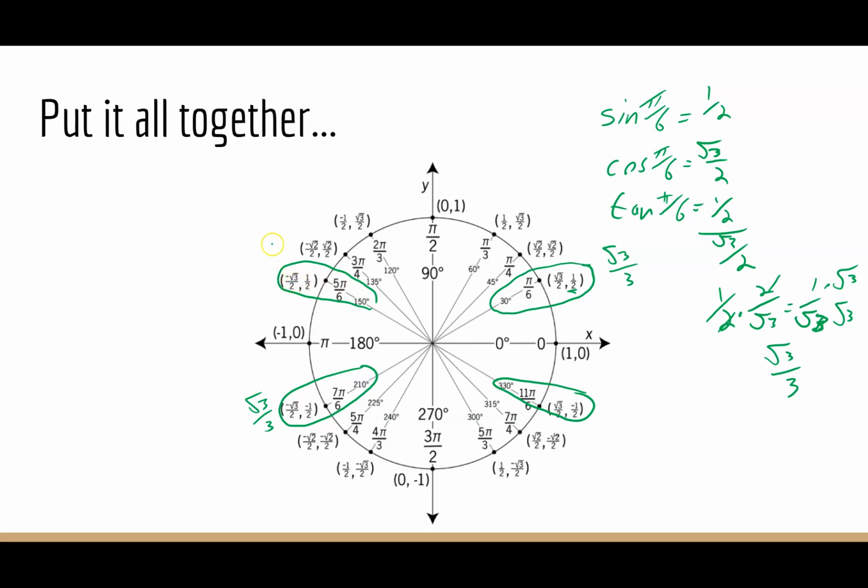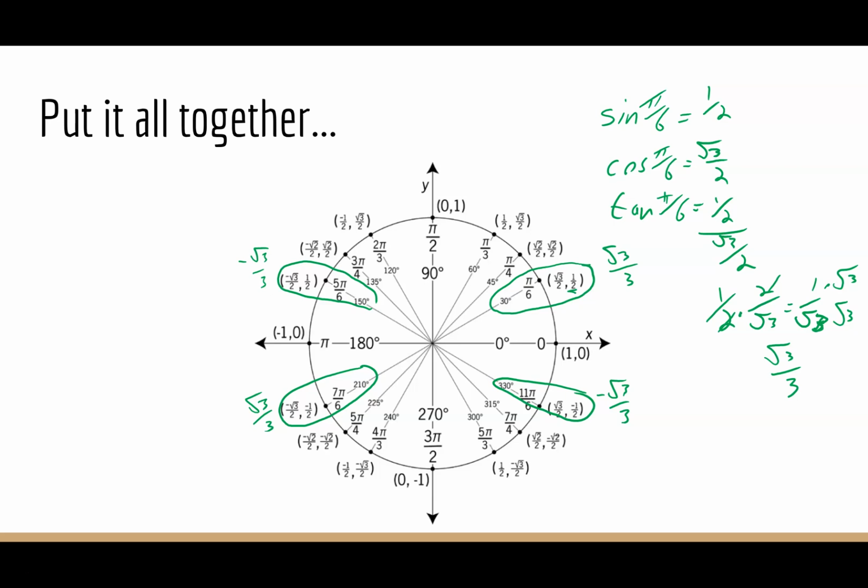Up here it's positive over negative, so negative square root of 3 over 3. Down here it's negative over positive, so negative square root of 3 over 3. So just doing one set of tangents gave me 4 of the points. So you don't have to do them all, okay? Or you don't have to walk through them all. So it might be a good idea to add your tangents, is what I'm saying.